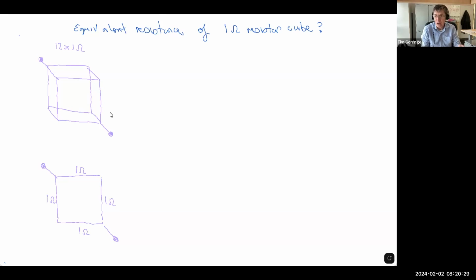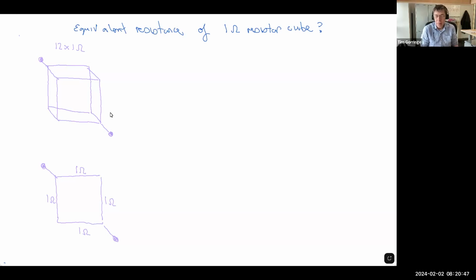But we're going to add one additional idea that makes this problem solvable in a fairly simple way. It's an idea that I'll refer to as symmetry, and we're going to talk about the symmetry involved in this cube.